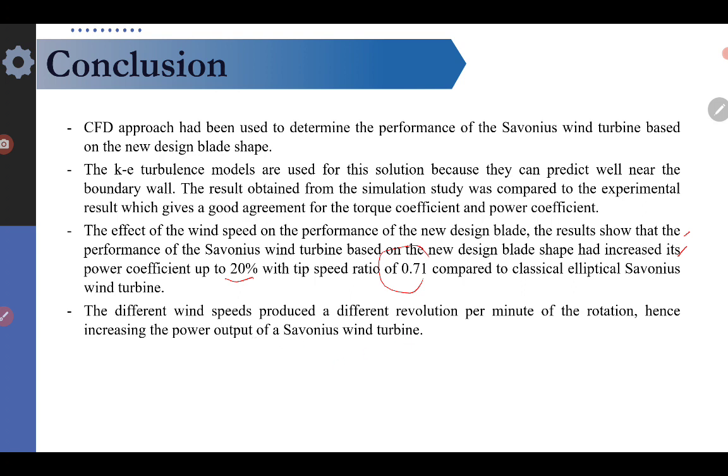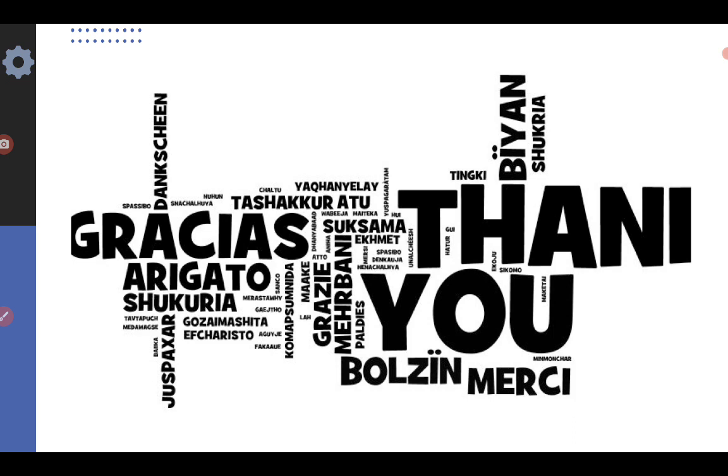From this result we can use it as data for the next investigation regarding the Savonius wind turbine, and hopefully the data from this simulation can be used as part of the idea or data to design the best blade for the Savonius wind turbine. So thank you very much.